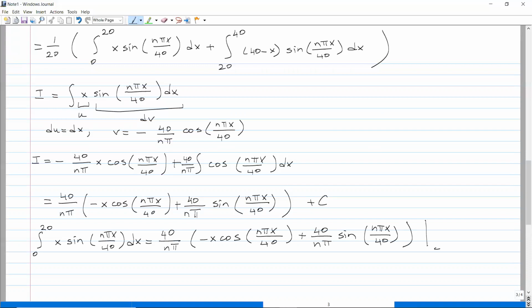And we take x from 0 to 20. So if we take x equals 20, 20 over 40 becomes 1/2. So minus 20 cosine of n pi over 2 plus 40 over n pi sine of n pi over 2.